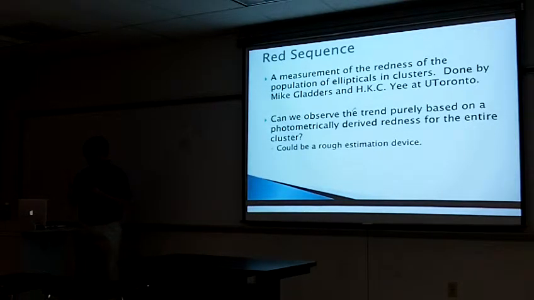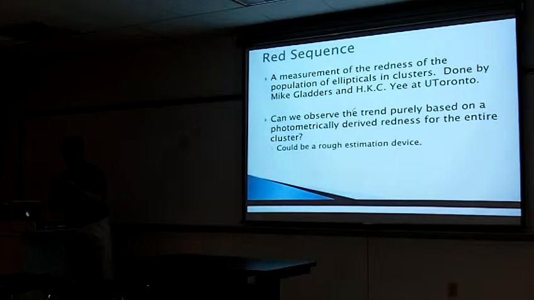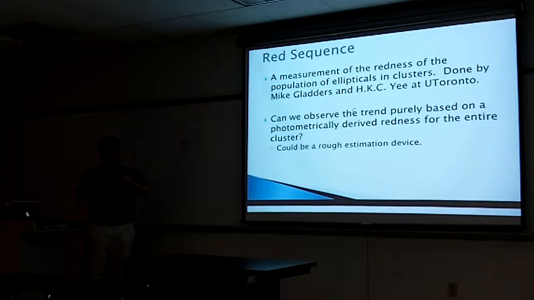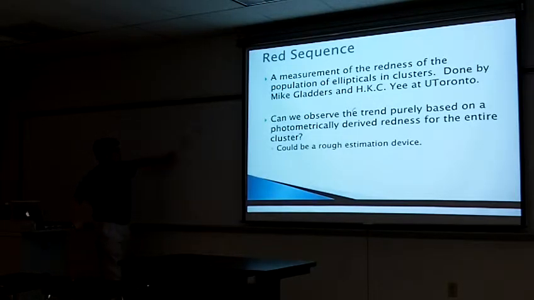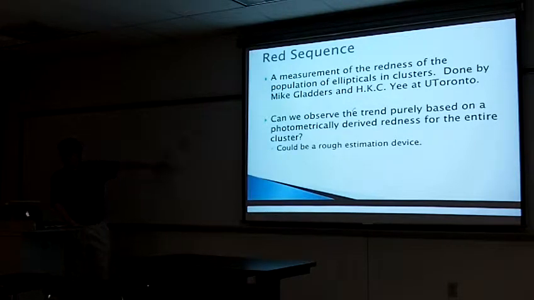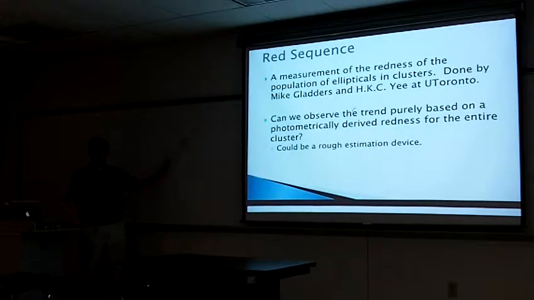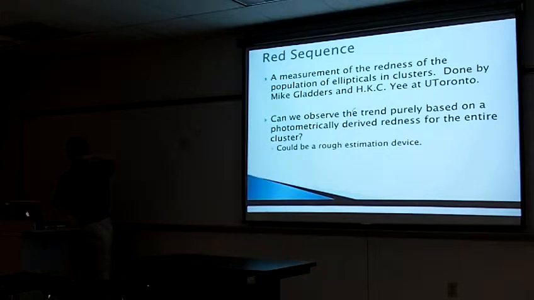Now, what Mike Ladders and HKCE, who at the time worked at University of Toronto, found was that the ellipticals are redder than the rest. When you plot all these constituents on a color diagram, you'll actually see all of the ellipticals line up on a line. And then the different galaxies, such as the spirals, will actually be displaced to a different location.